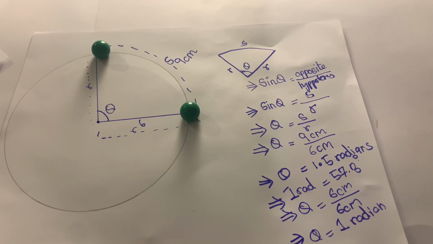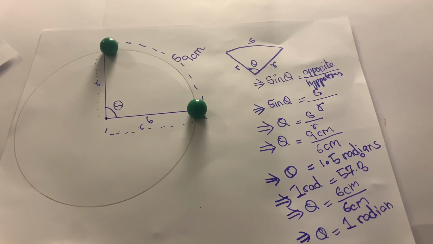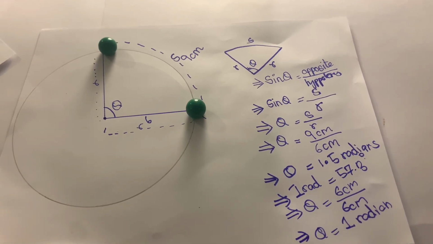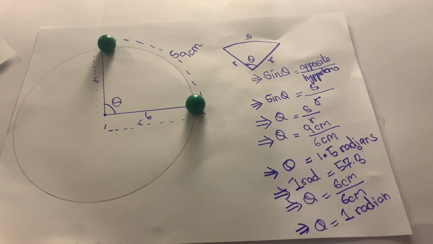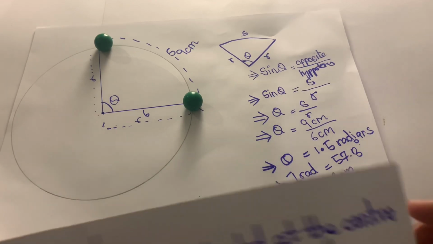The reason is that if it travels 9 centimeters and the radius is also 9 centimeters, the ratio will always be the same, no matter whether the circle is larger. The 1 radian will always remain the same. The angle will always be 57.3 degrees. And I will define what 1 radian is for you to memorize it.